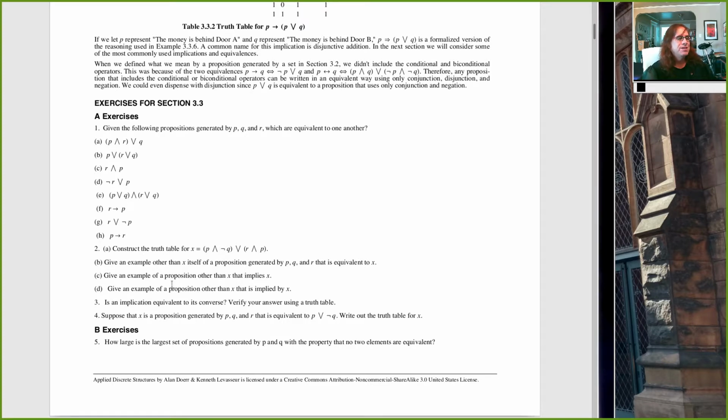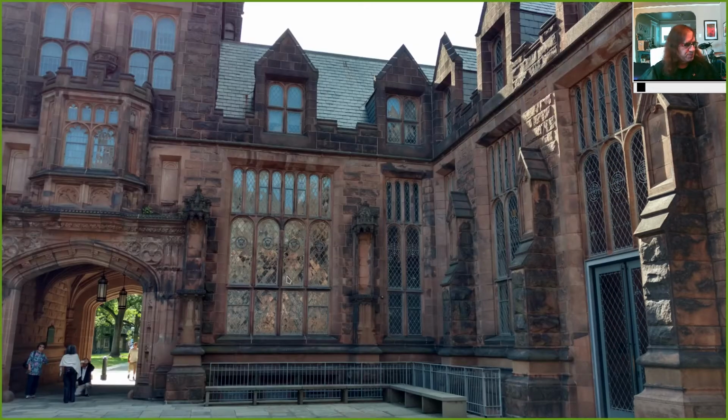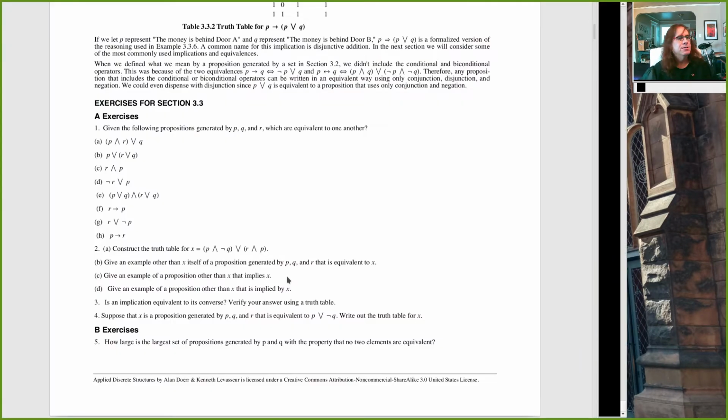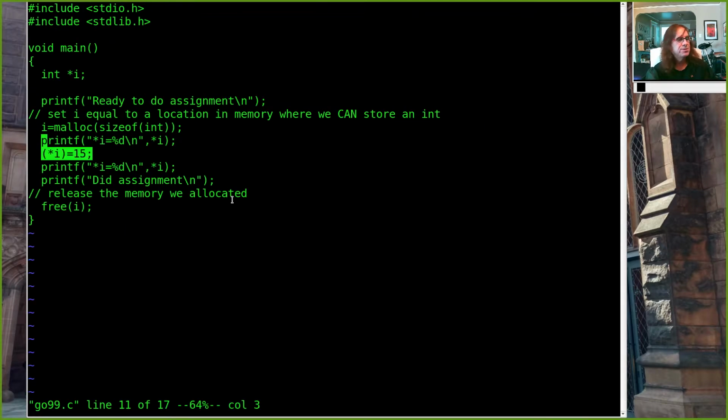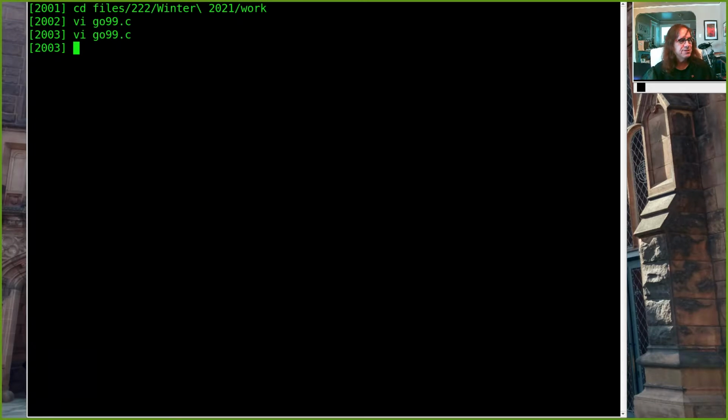And then part C says, give an example of a proposition that implies X. So the business here is, we don't need that stuff.